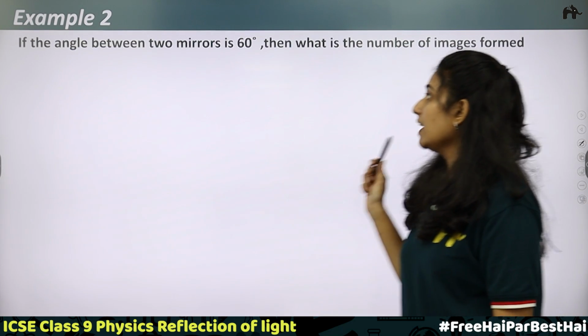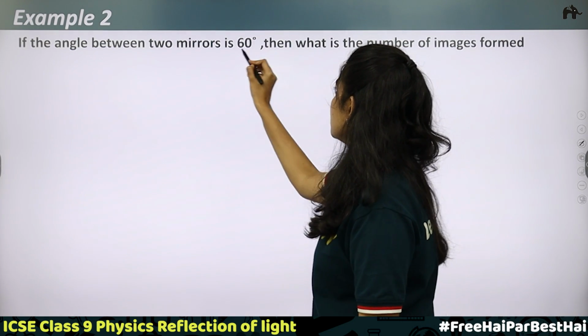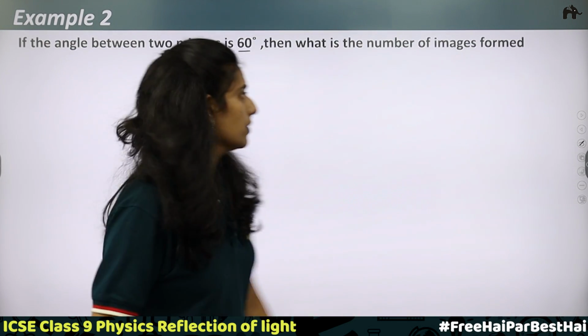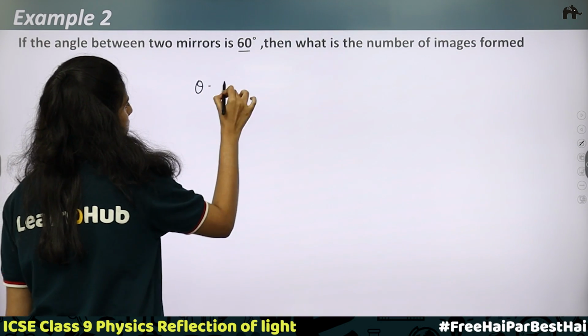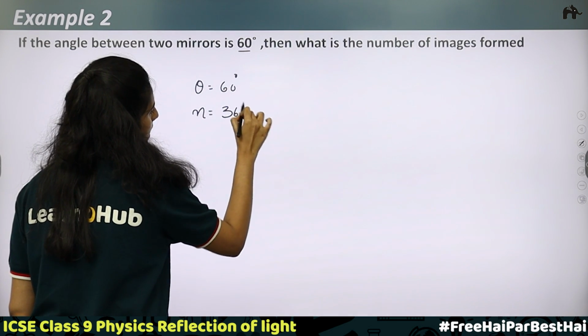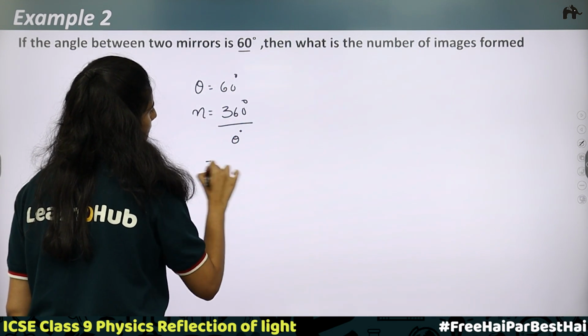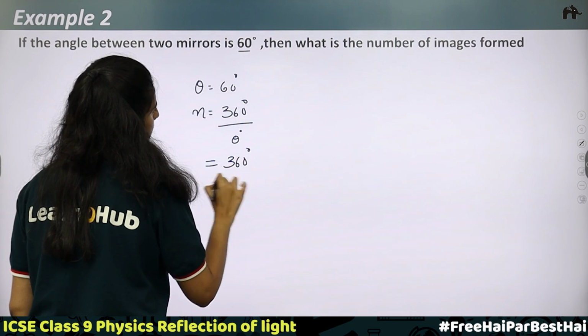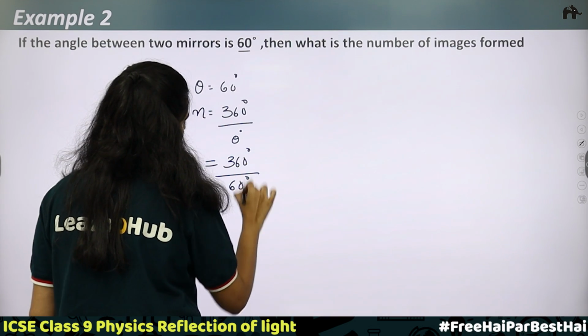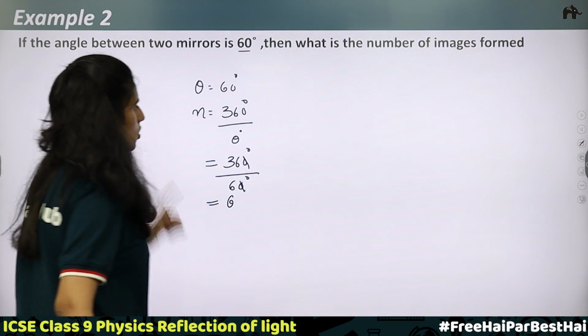Second example, if the angle between two mirrors is 60 degree, then what is the number of images formed? How to find? Here theta is equal to 60 degree, we have n is equal to 360 degree divided by theta degree, that is 360 degree divided by 60 degree, which is equal to 6. What is the n value here?